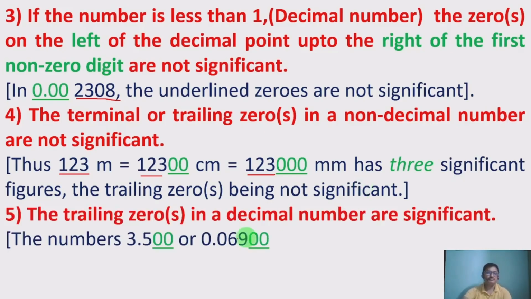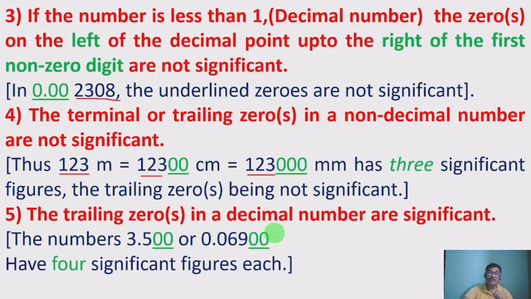Fifth rule: trailing zeros in a decimal number are significant. The number is 3.500.